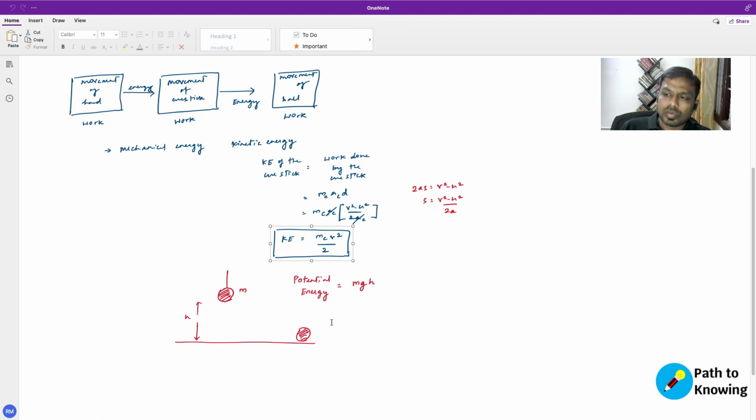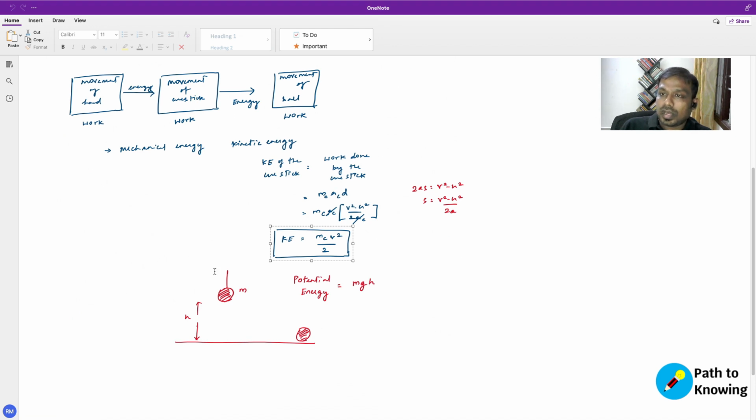And if h is 0, which means that the object is on the ground, then the potential energy is 0 because there is no real potential for it to do work. But once you lift it up, it acquires that potential energy, right? Which is mass times the gravitational acceleration times the height.